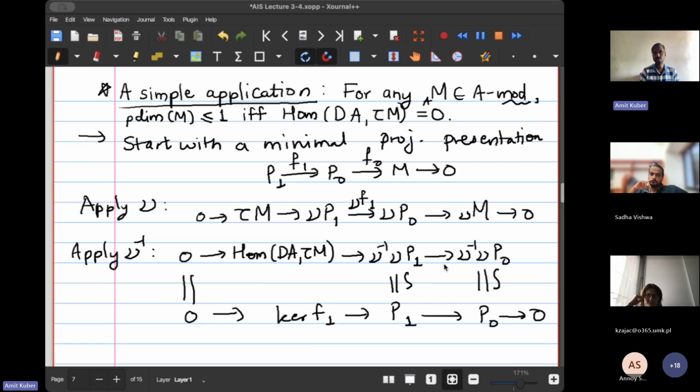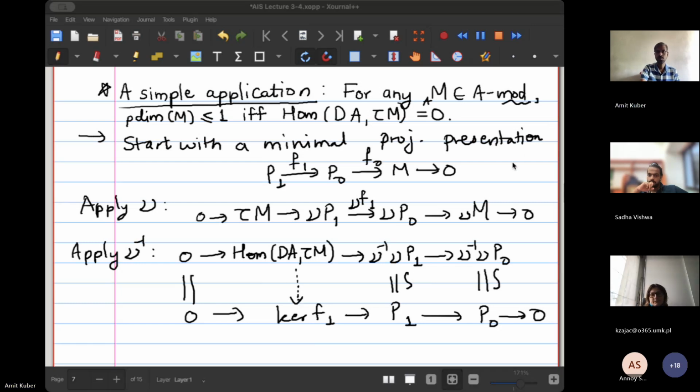Okay, so once we have this, first of all, tell me why we have a map over here. Why does there exist a map from here to here? Because of some simple category theory, the property of the kernel. So Hom_A(D A, tau M), you go to this, then you follow this isomorphism and then P0.